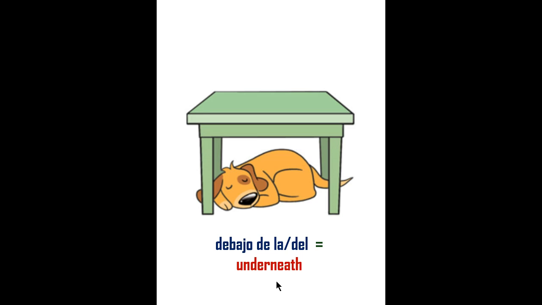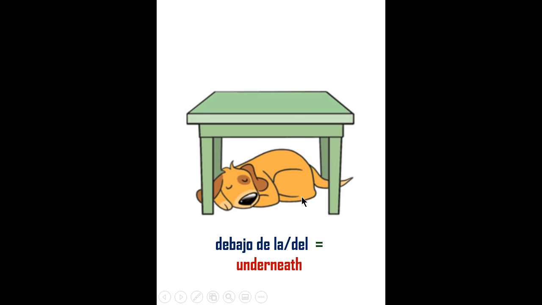To say that something is underneath, once again, we have 2 versions. You would say debajo de la if the noun that follows is feminine. Debajo de la, in this case, mesa, for table. El perro está, a form of the verb estar, to be, debajo de la mesa.